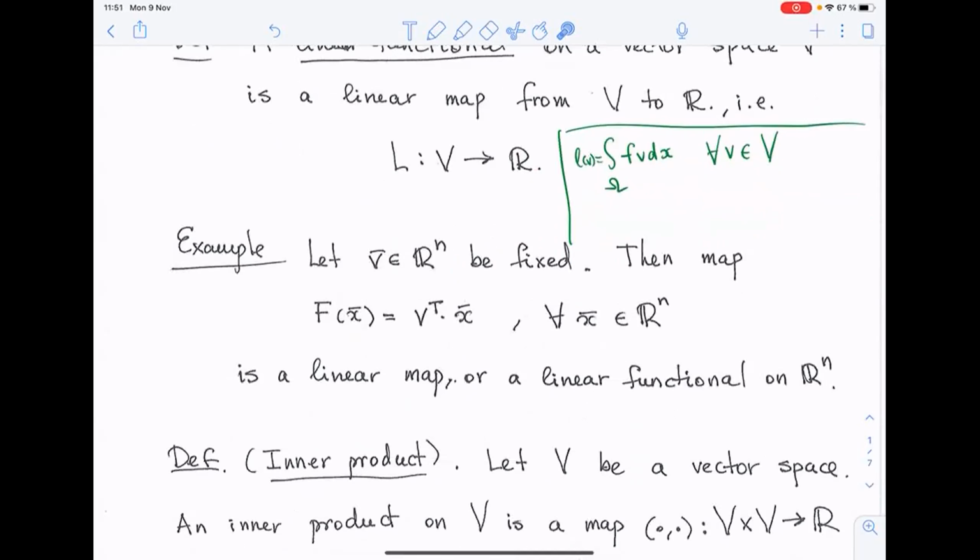One of the examples, for example, if you take a vector from Rn, then this linear functional could be just a scalar product of a vector with another vector which is given from Rn, and the result, the scalar product of these two vectors, is just a number.